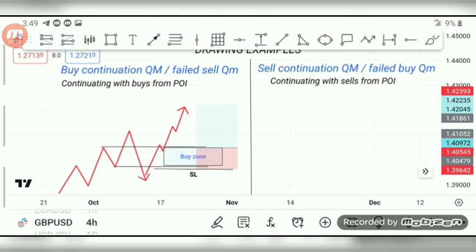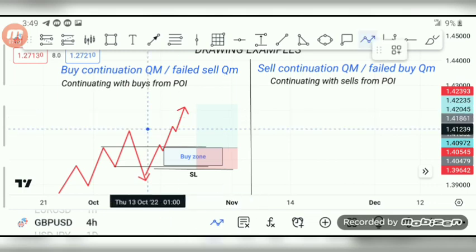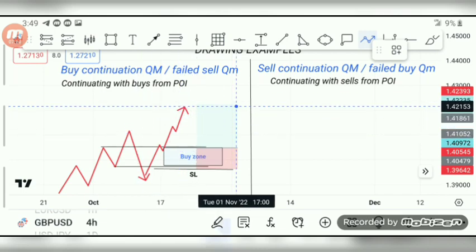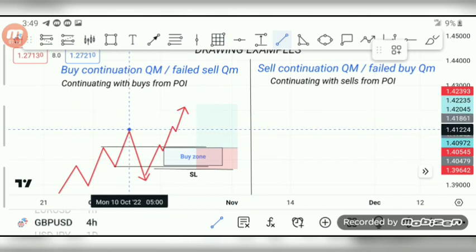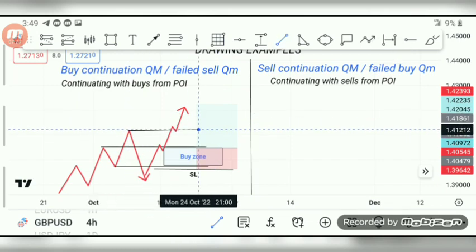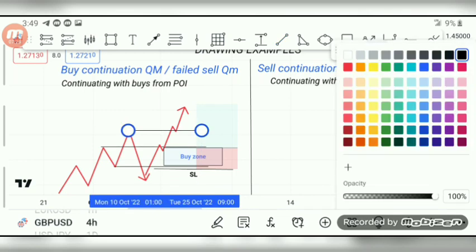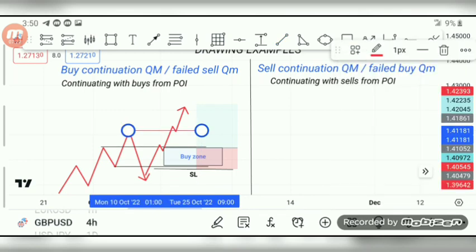Okay, relax, wait for price to pull back in. I know many of the new traders want to see price come back to this high right here. Let me make this yellow.